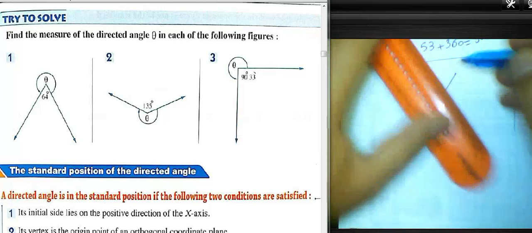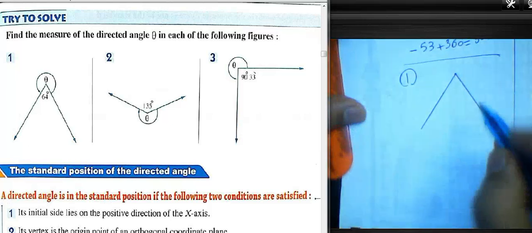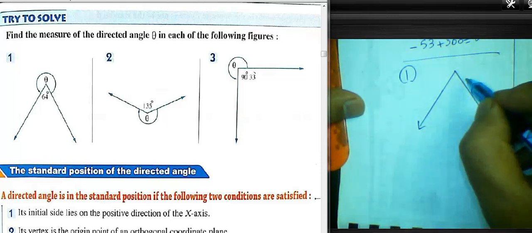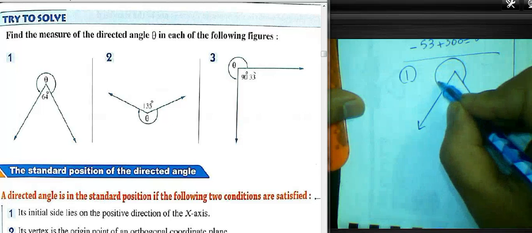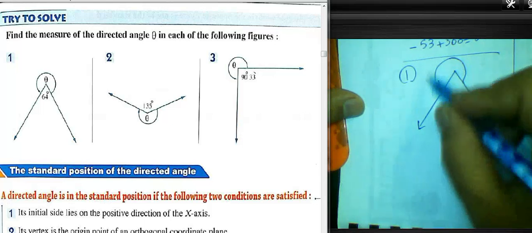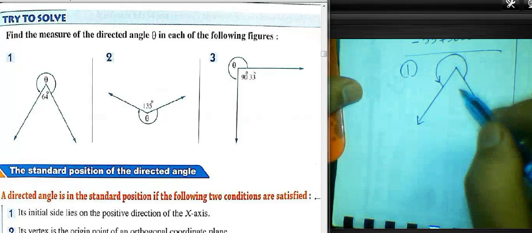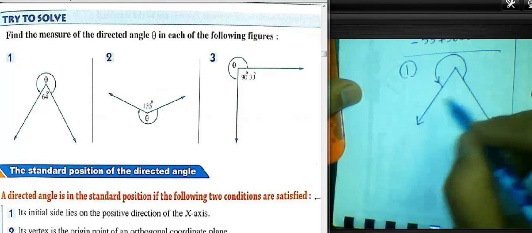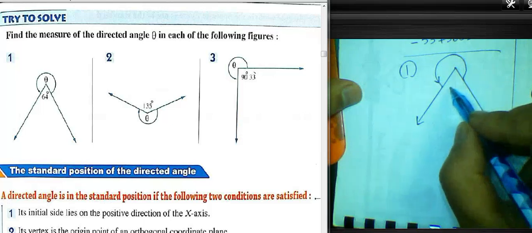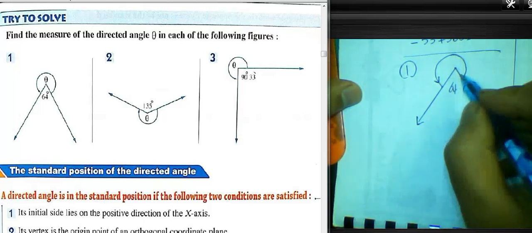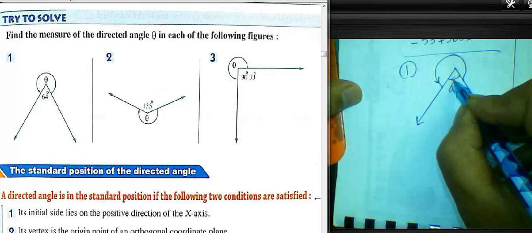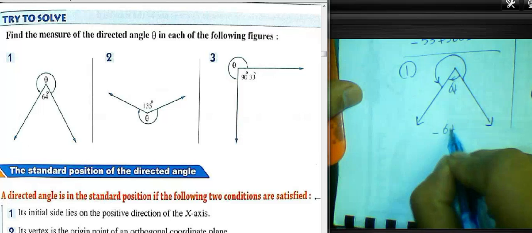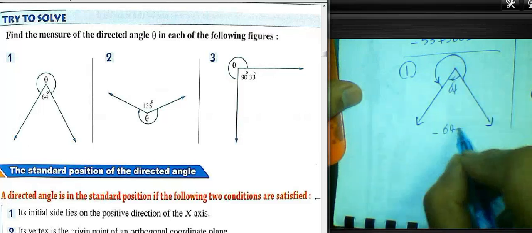I will draw it here to understand it. Okay, and you must try it after me. Drawing this direction, look at this direction, anti-clockwise, and this angle 64 we draw clockwise, so negative 64, adding plus 360.